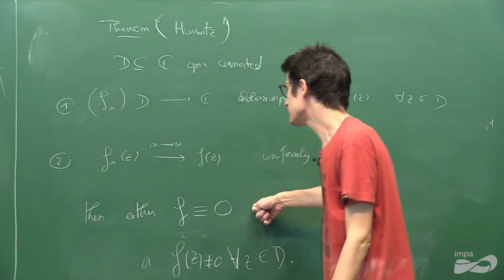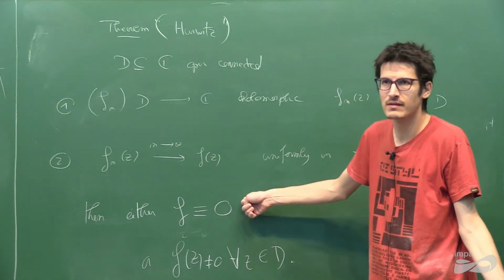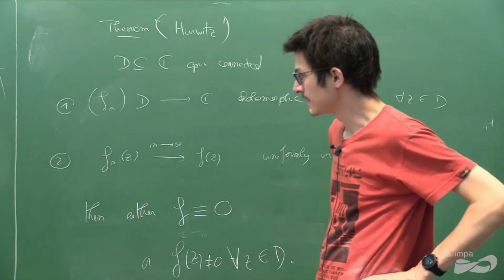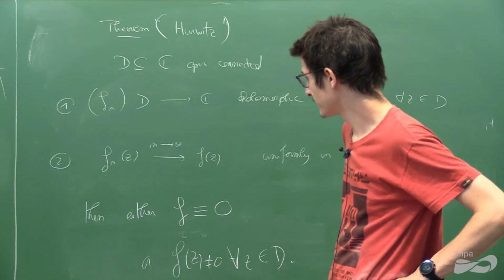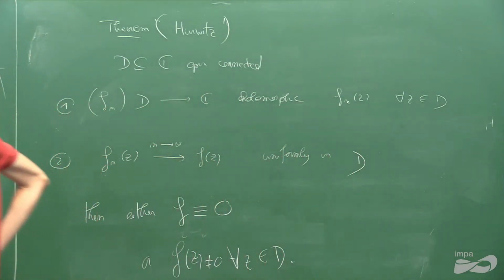Okay, and clearly here the two things are possibilities because if you take, I don't know, Fn equal to 1 over n, then the limit is 0.